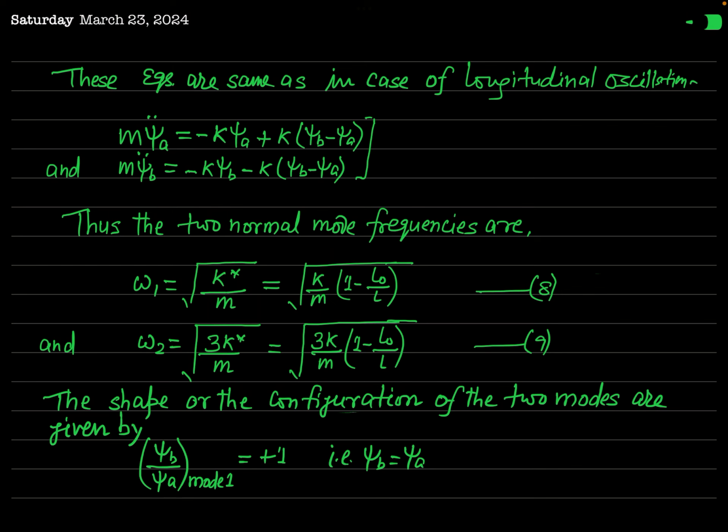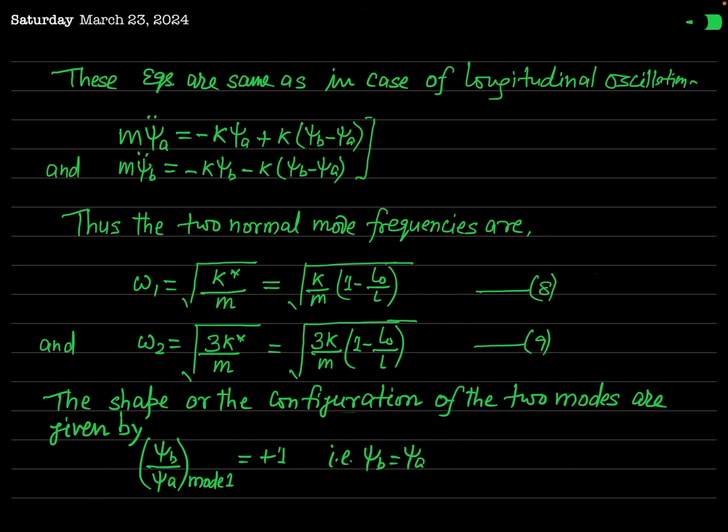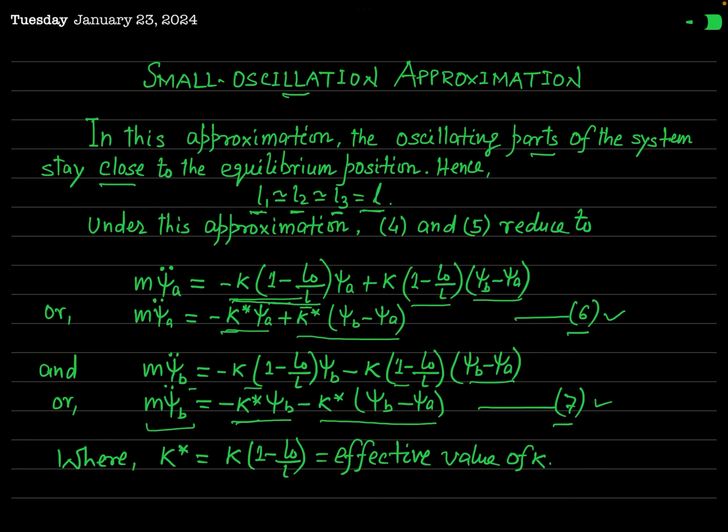The only difference is that k in those equations has been replaced by k star. So these equations are the same as the equations of motion for longitudinal oscillation if k is replaced by its effective value k star, which is equal to k into (1 minus L naught by L).